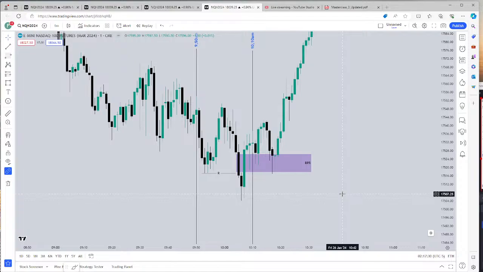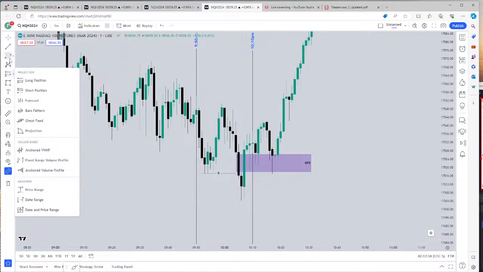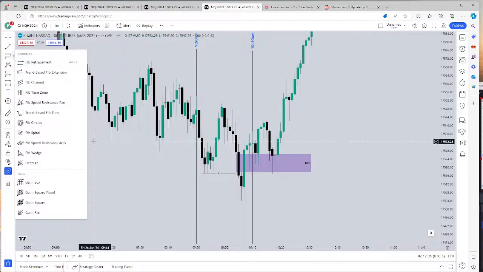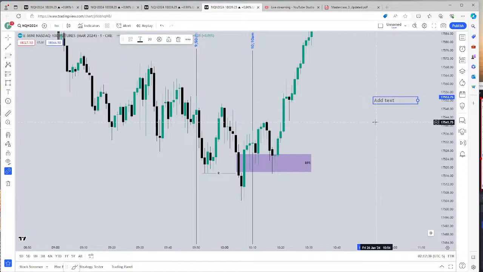Now, here's the lovely thing. Whenever there's a balanced price range, ideally, here's something for your notes, and I'm going to write this down so it gets captured too. For a BPR, ideally, you want price to respect the consequent encroachment, the halfway point, or the 50% level.